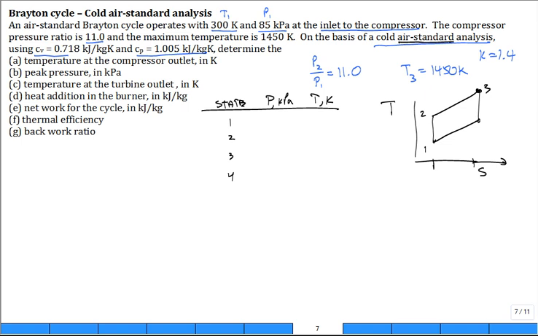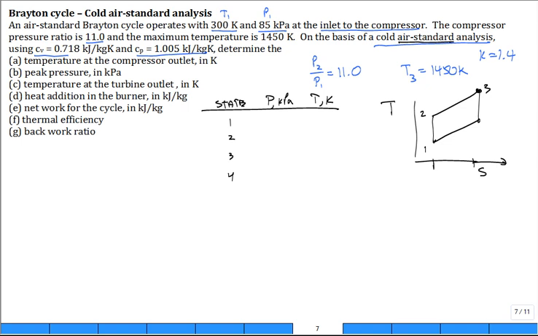It's up at 1450 Kelvin. We'll just use it around 300 Kelvin. And when you do a cold analysis, you get that analytic expression for the thermal efficiency, just like we got for Otto and diesel, you can get the analytic expression for the thermal efficiency of the Brayton cycle.